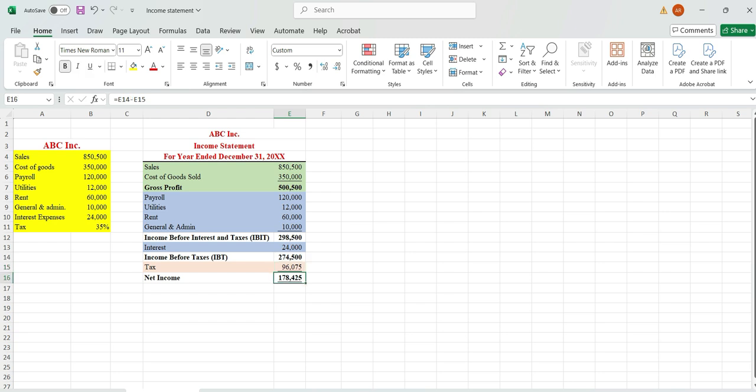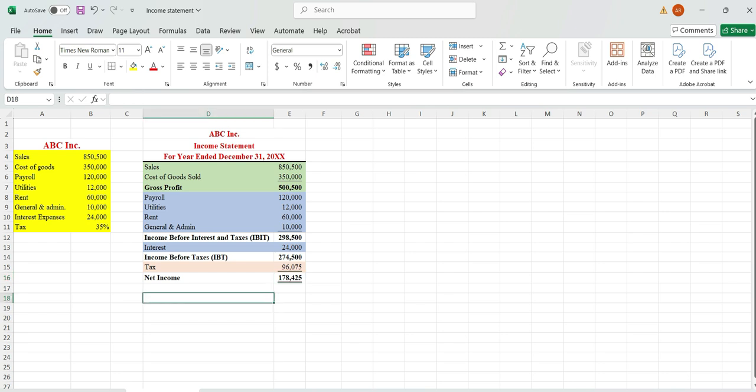It has subtracted the IBT, that's income before taxes, minus the taxes to get 178,425. So this is the income for the company that was made as of December 31st, 20XX. If this number was negative, it should be net loss, but when it's positive like this, I will leave it as net income.